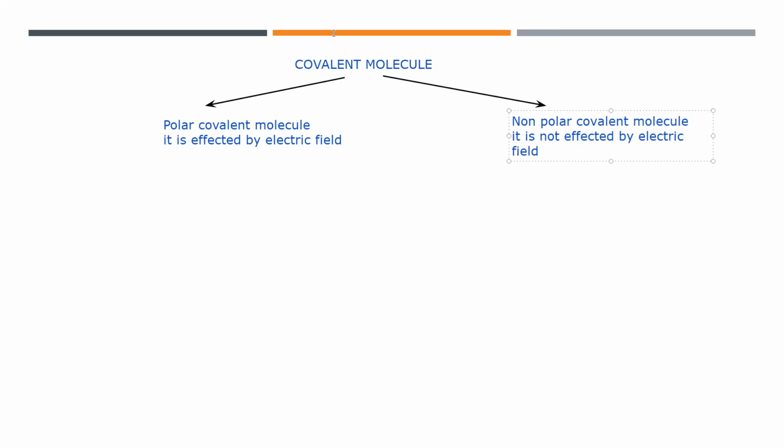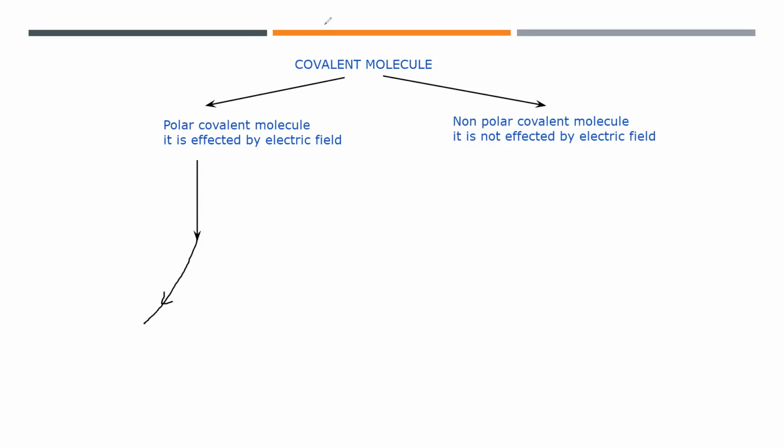Say, if we have a stream of covalent molecules which are polar, and they're moving through an electric field, what we observe is their deflection. So they're deflected in electric field. If they're deflected in electric field, we call that polar.